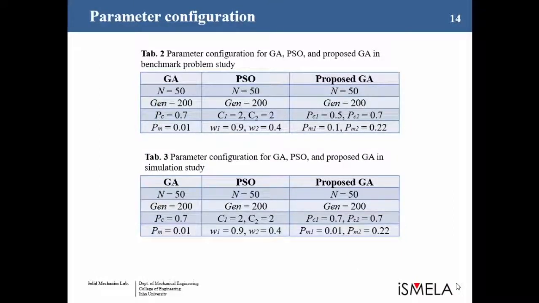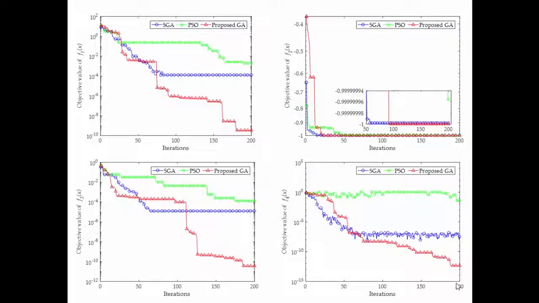To compare the performance of our proposed genetic algorithm, the standard genetic algorithm and particle swarm optimization are used, and table 2 lists the parameter configuration for them. And the simulation results are listed here. From these figures, we can see that the results of our proposed genetic algorithm are the best.